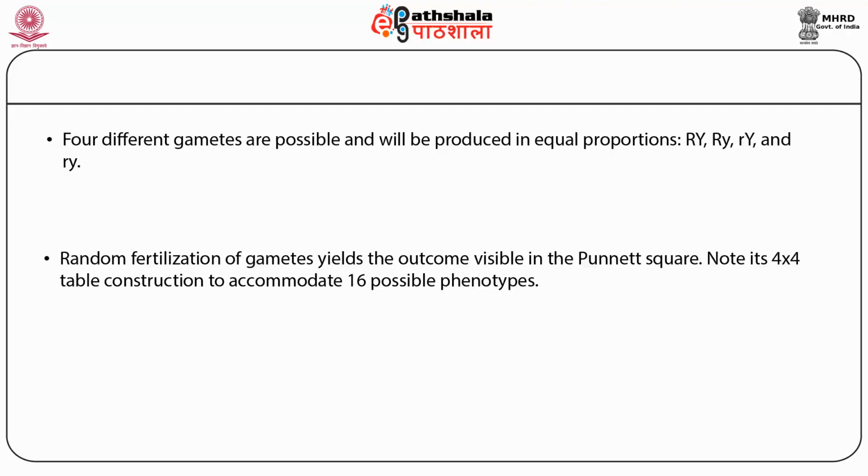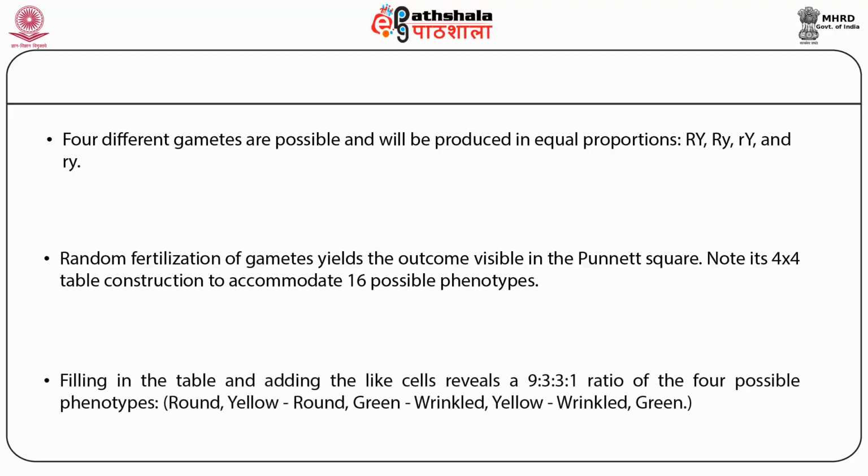Note its 4x4 table construction to accommodate 16 possible combinations. Filling in the table and adding the like cells reveals a 9:3:3:1 ratio of 4 possible phenotypes: round yellow, round green, wrinkled yellow, and wrinkled green.